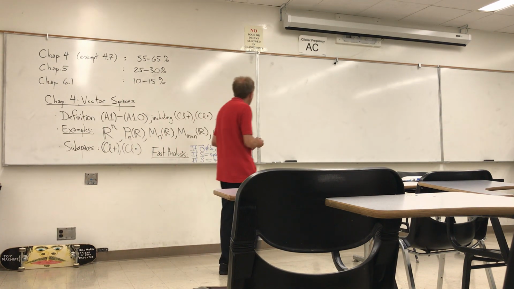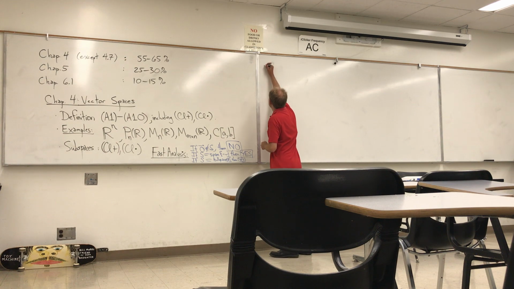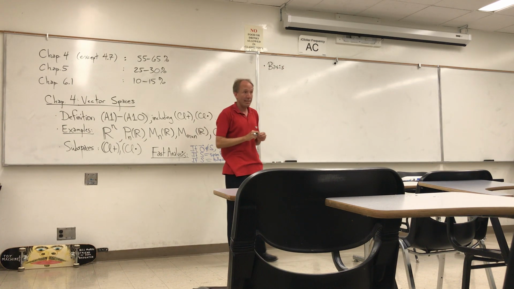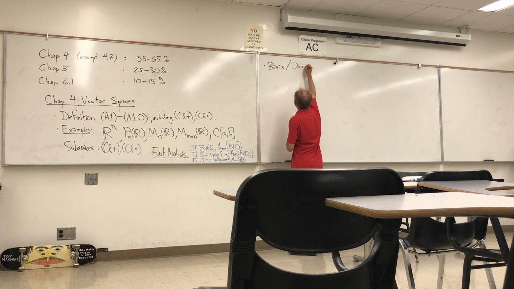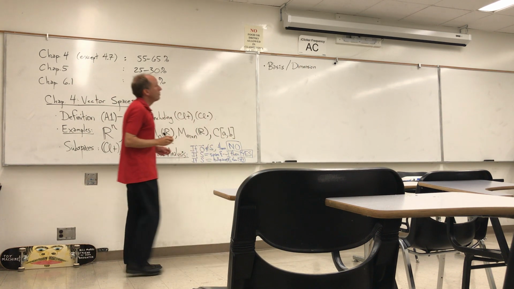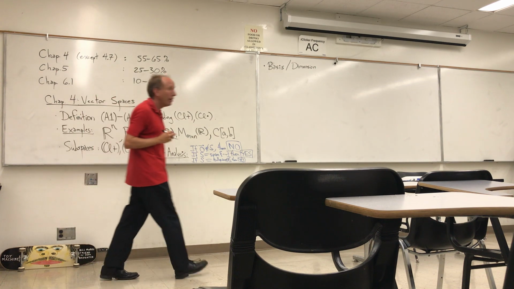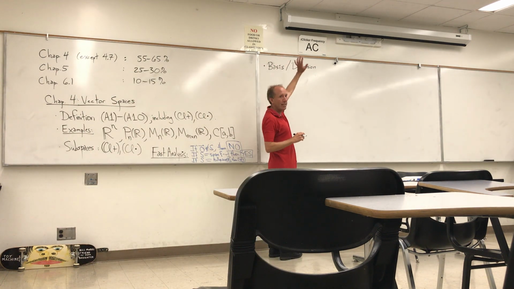Okay? As we get a little bit further into chapter 4, the next main thing that you need to be really comfortable with is the idea of a basis. And along with basis is the concept of dimension. So these are some of the highlights of the middle of chapter 4. Basis and dimension.